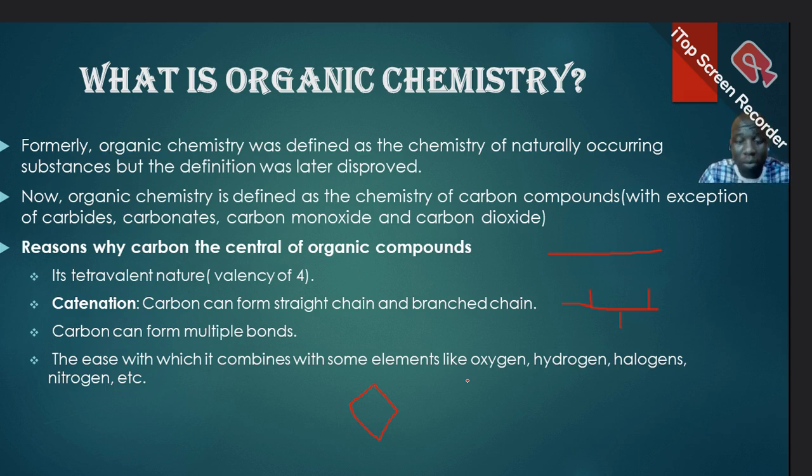Carbon can form double bonds, can form triple bonds. You can have a carbon single bond like this, you can have a carbon double bond, and you have a carbon triple bond. So carbon has the ability to form different bonds.